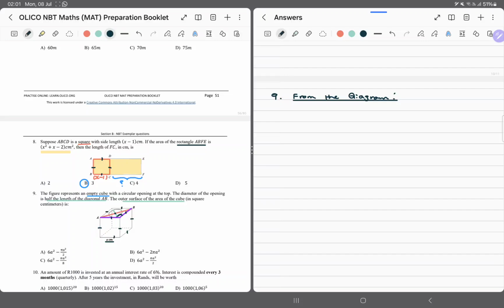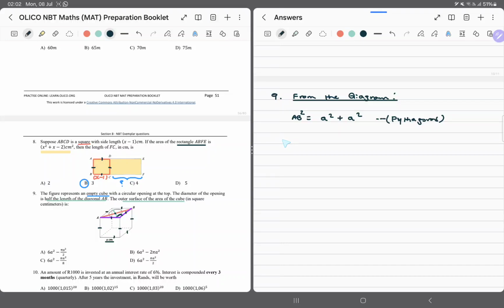All right. From the diagram, I know that AB squared is going to be equal to A squared plus A squared. This is from Pythagoras. Obviously, I've indicated the right angle, I've indicated the sides, so I don't need to say more.